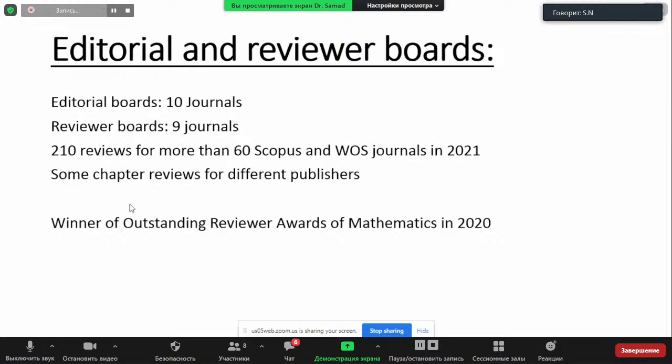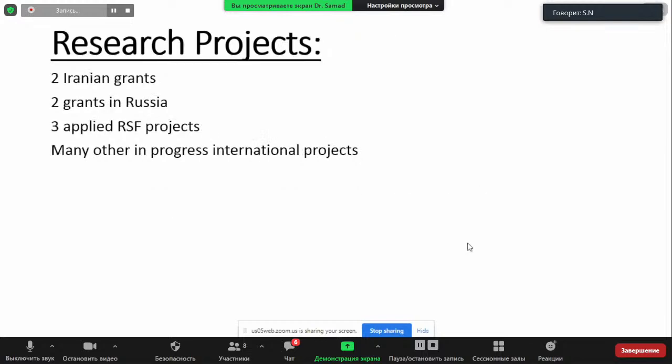And I also received an outstanding reviewer award in mathematics in 2020. Also, I have a number of projects in my country, and also in Russia, with friends, and we applied to RSF projects in 2022.